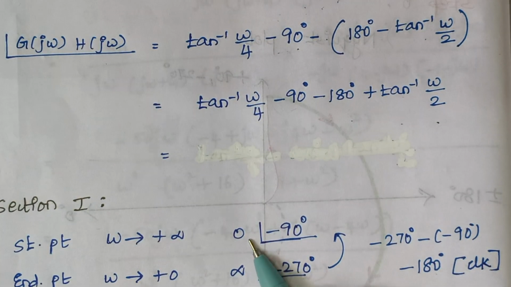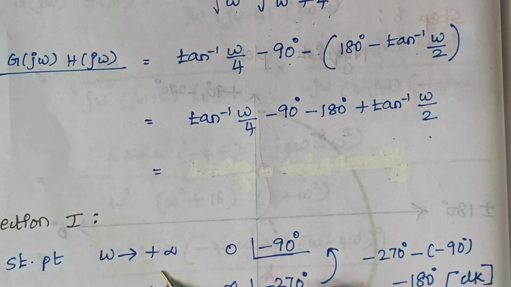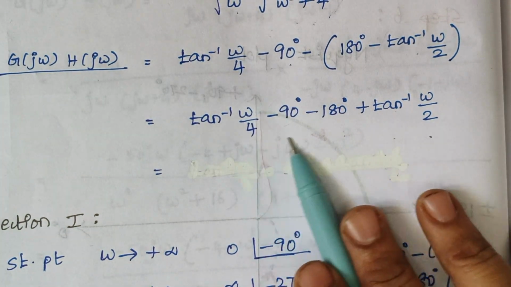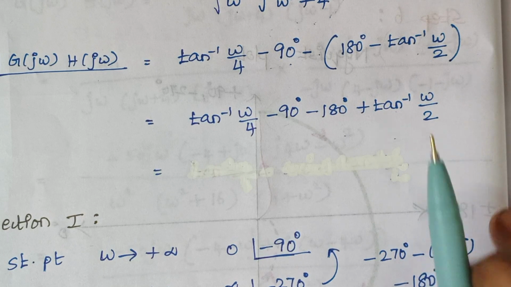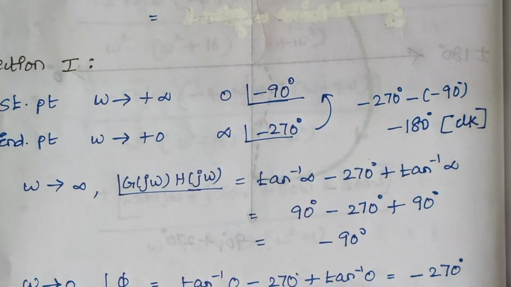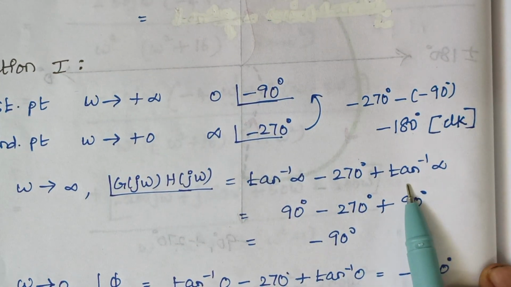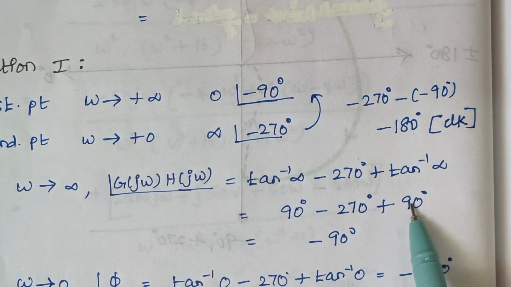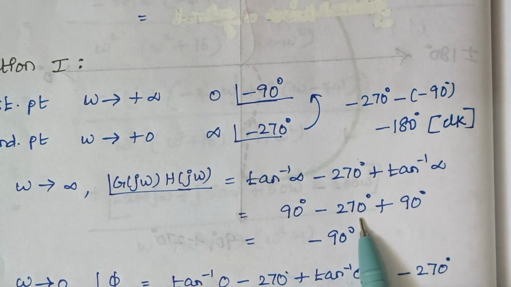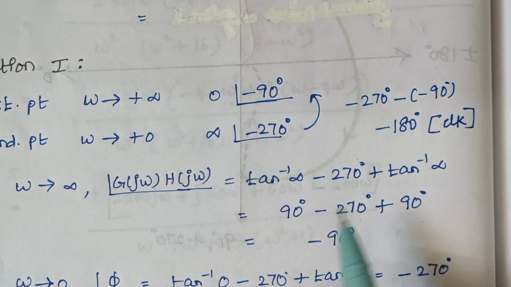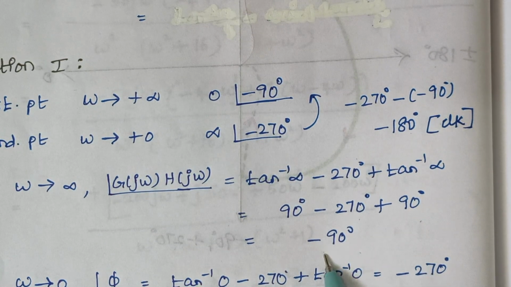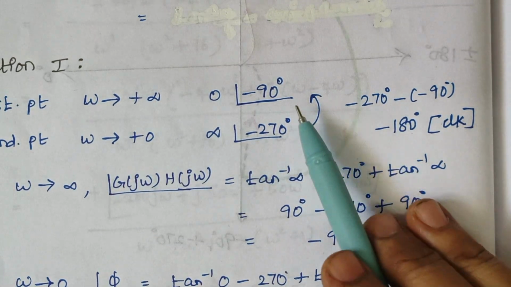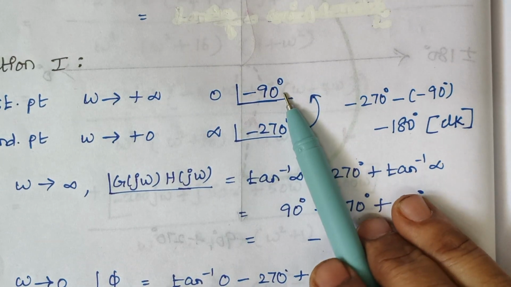So here write 0. And when you substitute the value of omega as infinity in the phase expression, you see, this is our expression and here I have substituted infinity values. So 90 minus 270 plus 90, when you solve this, we will have minus 90 degrees as the answer.